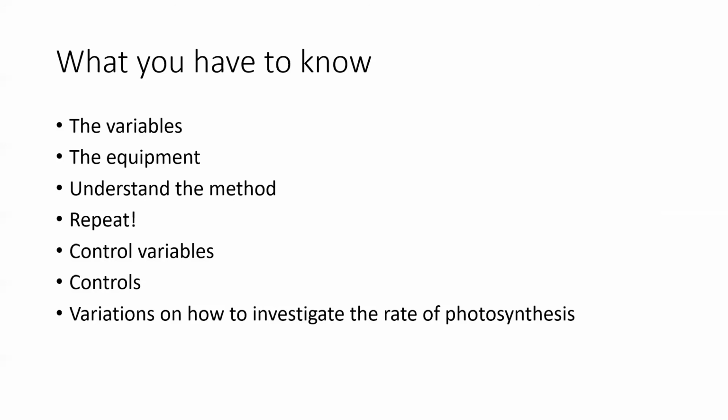They could ask you about control variables, they can ask you about controls, they can ask you about safety. For this investigation, you need to know the variations on how to improve the practical and the method, but also different factors that can affect the rate of photosynthesis.